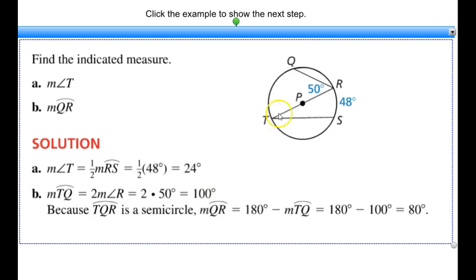I also see that TR is a diameter, right? Because it goes through the center of my circle. So I know that this entire measurement from T through Q to R would be 180 degrees. So if this is 100 degrees, then I know the part that's left is 80 degrees. So when we're dealing with these kinds of circles and these measurements, we always want to draw out what we have so we can find the information that we're actually looking for.